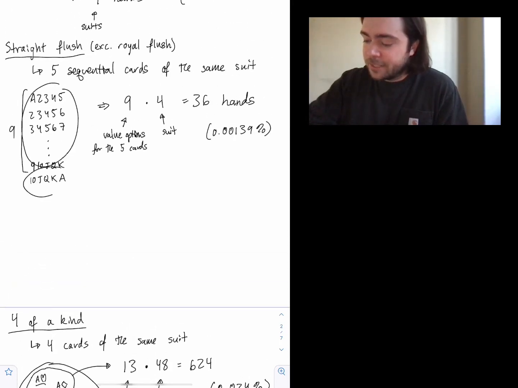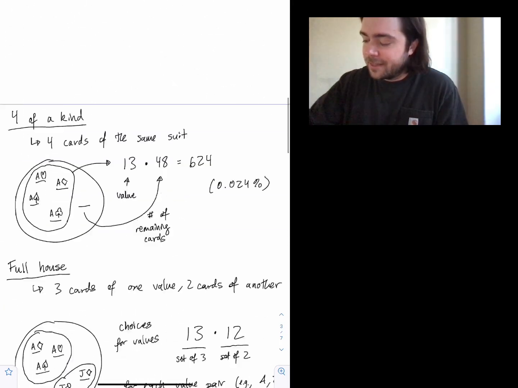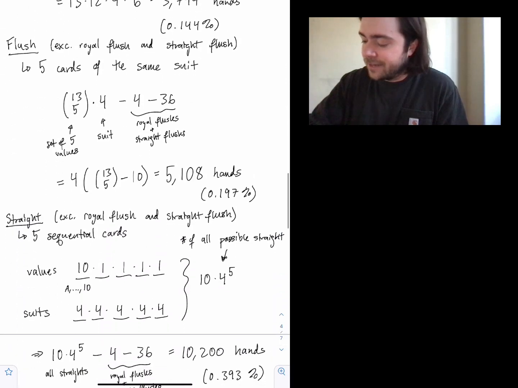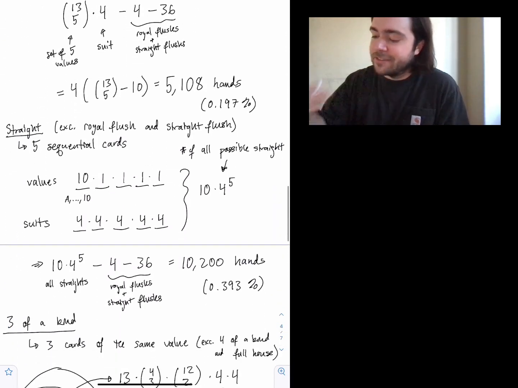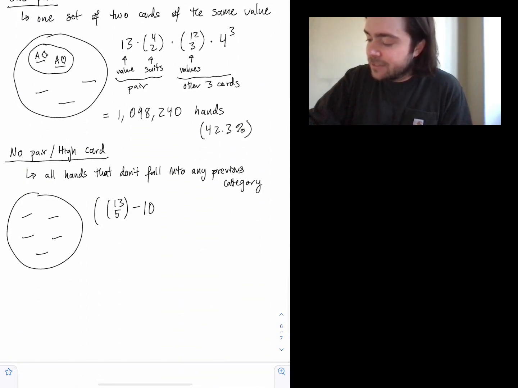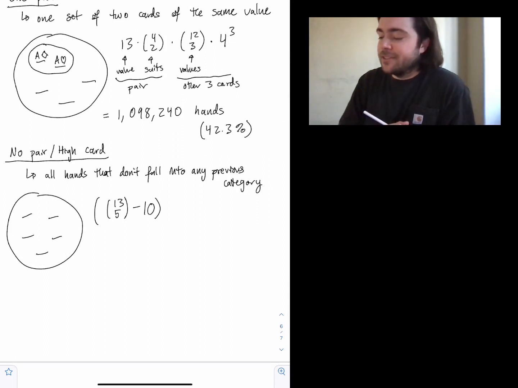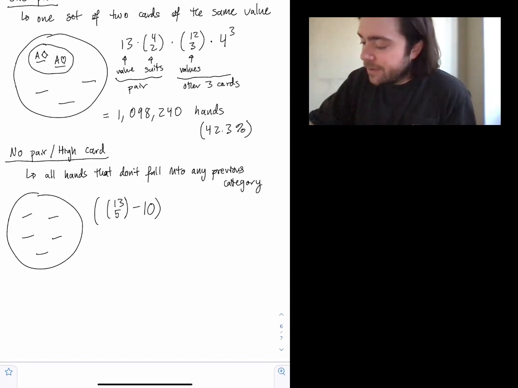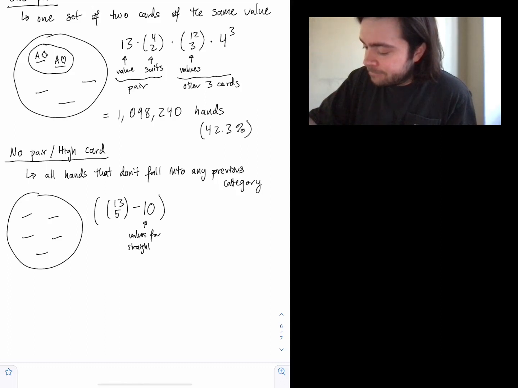There were 9 here plus 1, that's 10. I think we counted somewhere else too. Yeah, right here. So there are 10 possibilities for getting 5 sequential cards. We counted it when we were counting straights. So we have to get rid of those. We don't want any of the subsets that can be ordered sequentially for our values. These are values for straights, and we want to avoid that.